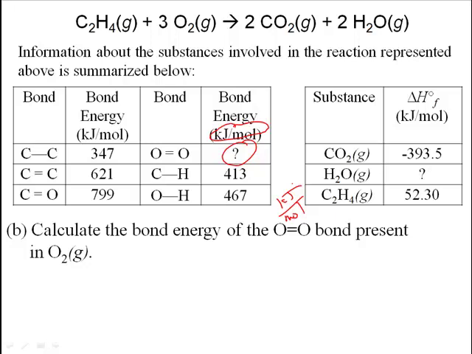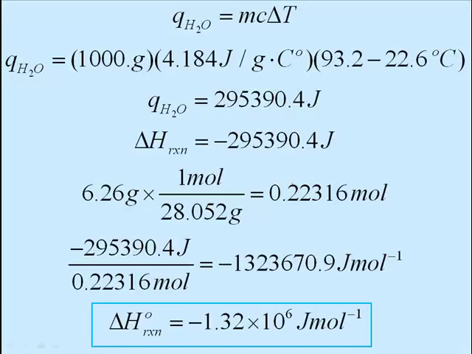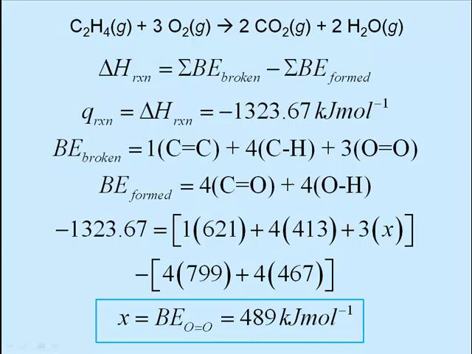When you're using heat of formation, you use heat of formation. The major difference, this is a slight difference but makes a big deal. This equation up here is for bond energies only.